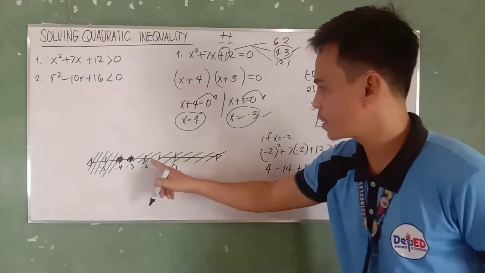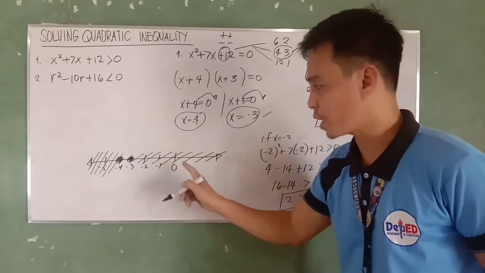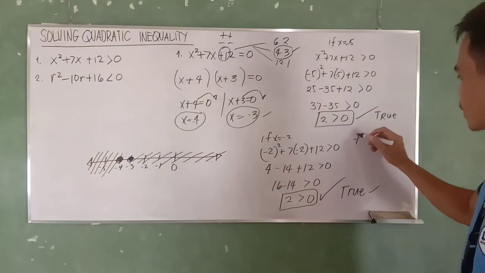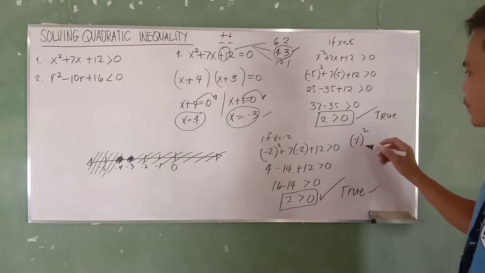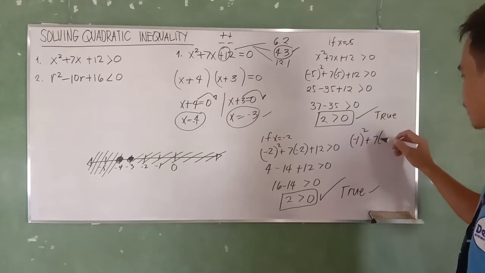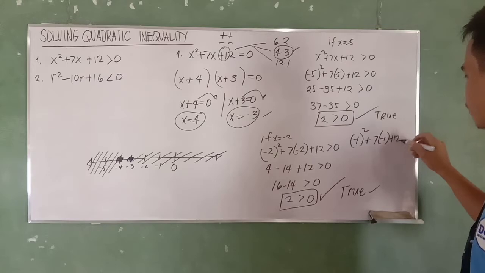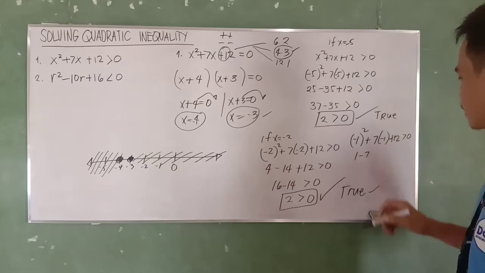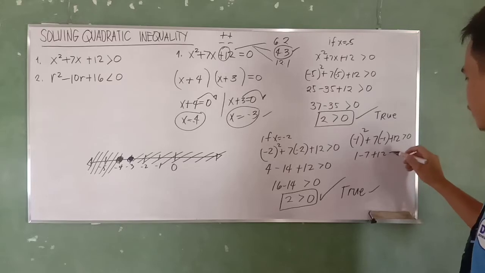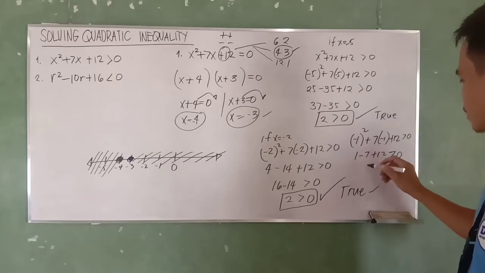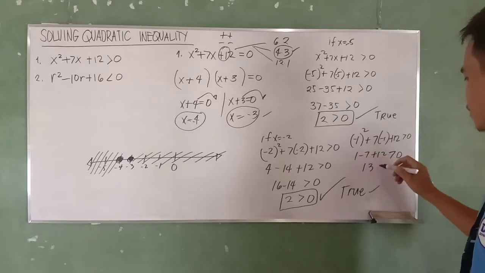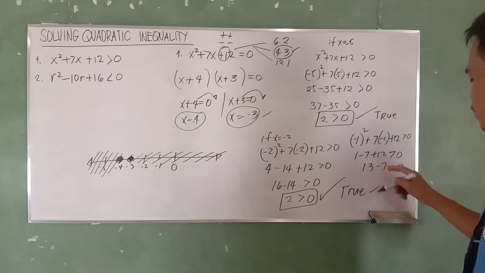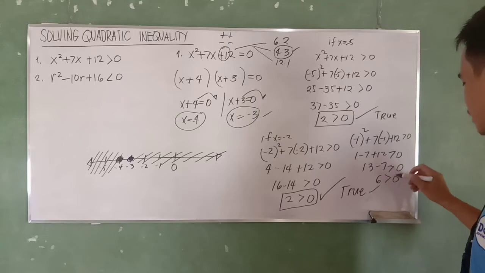Let's try negative 1 to see if this is really a solution. Negative 1 squared plus 7 multiplied by negative 1 plus 12 is greater than 0. This is 1 minus 7 plus 12 is greater than 0. 1 plus 12 is 13, minus 7 is 6, which is greater than 0.